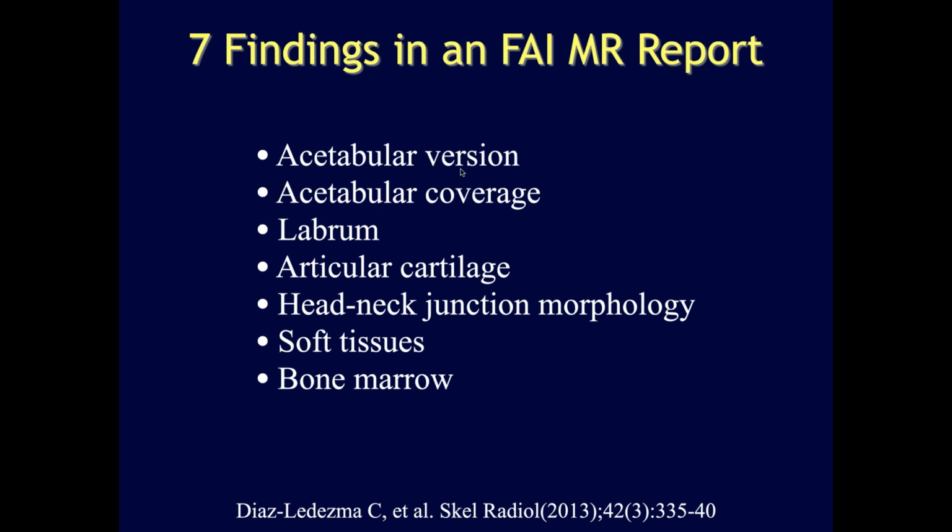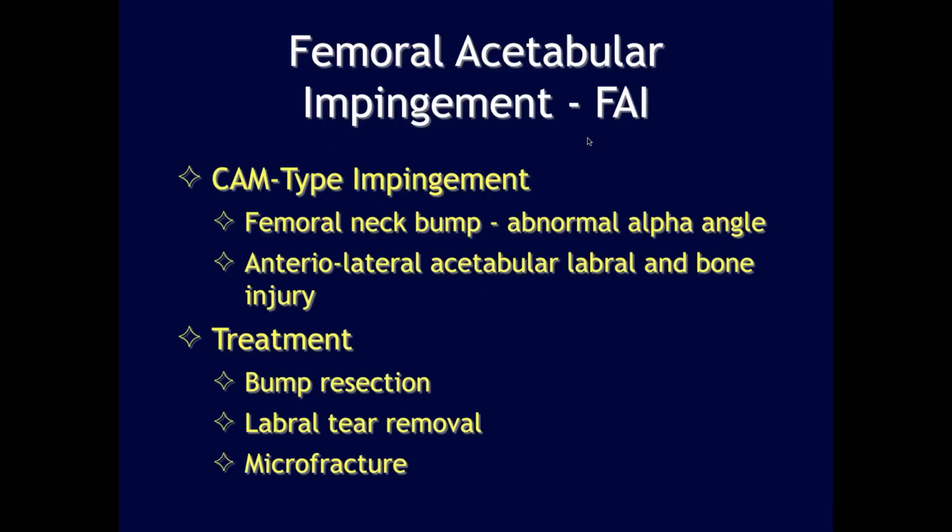I think in general, the acetabular version is not commonly presented in an MR report, but it's something to be concerned about. So now with MR imaging, what do we look for?